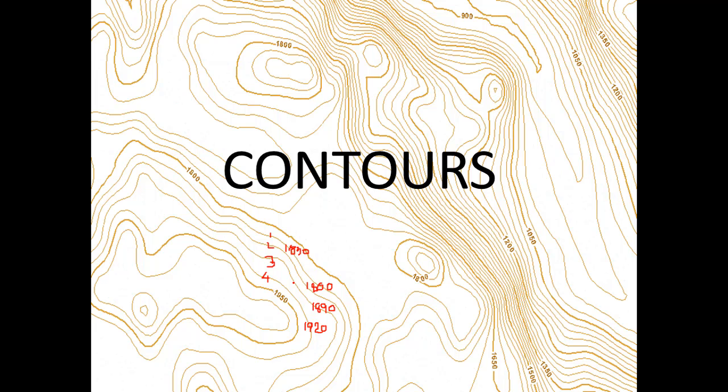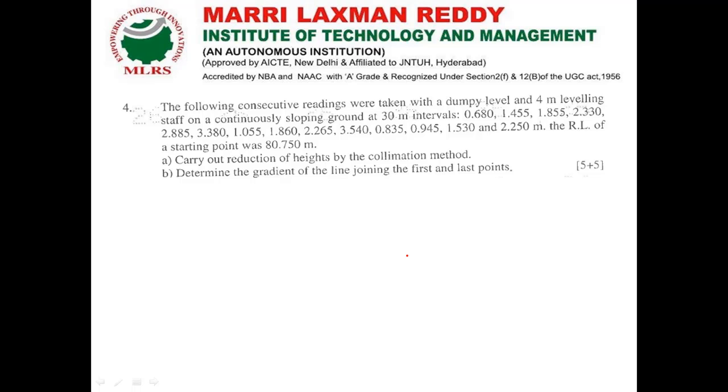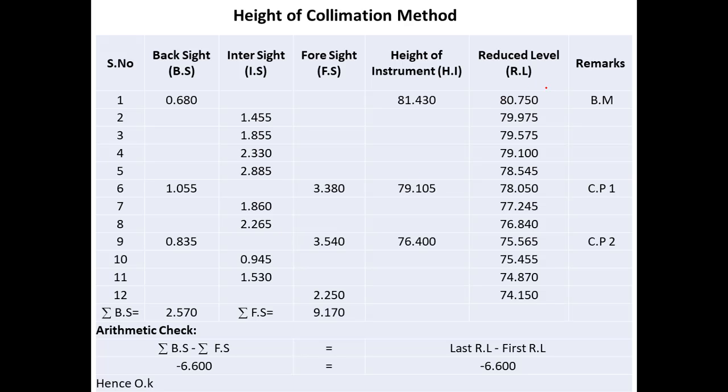Based on our previous problem, which we discussed in the height of collimation method or rise and fall method, I will explain it right now. This problem we have discussed already, and from it we are going to find it. This is our RL. By using this RL only we are going to find it.